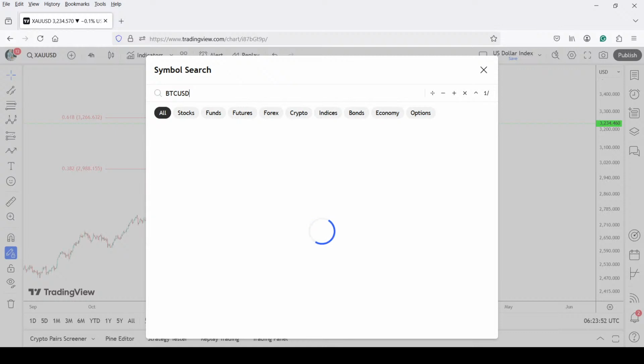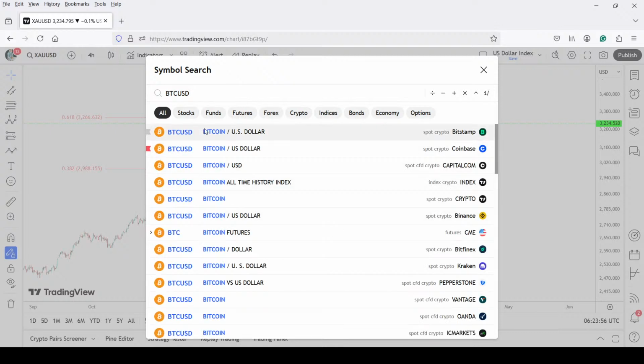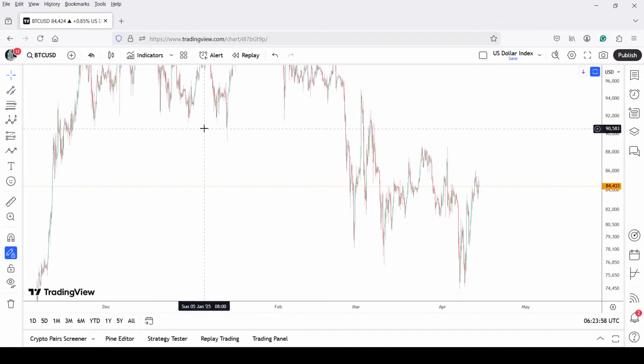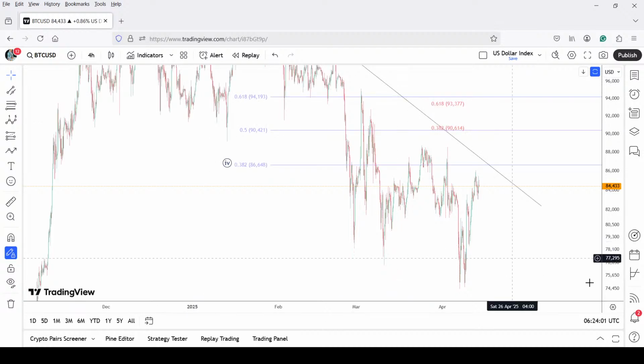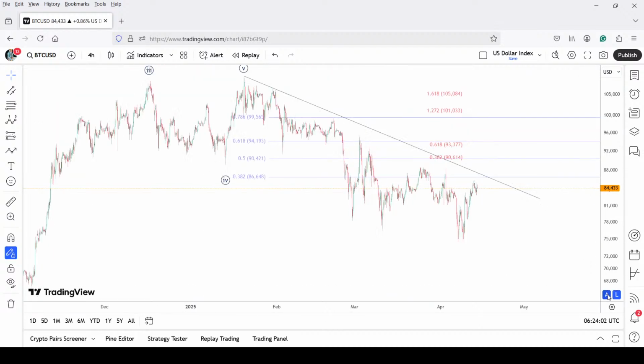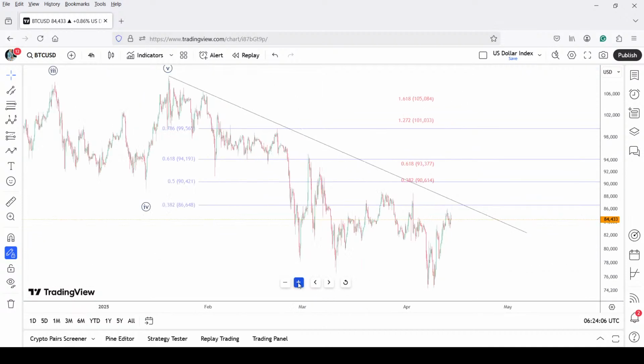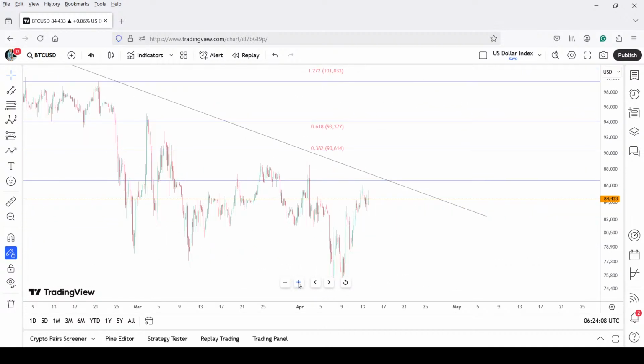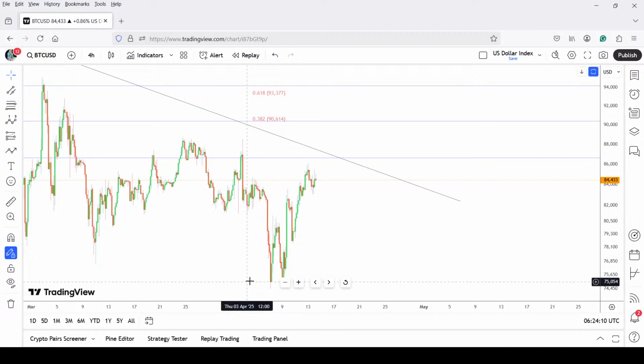Bitcoin, as I said, we would be looking for a corrective decline now towards 78. Let's see if we got that. Because now what we can see on the chart is at least a motive structure. Now, when you see a motive structure like that, it's not an impulse wave though. It is a motive wave which has unfolded into five waves: wave 1, wave 2, wave 3, 4, and 5.